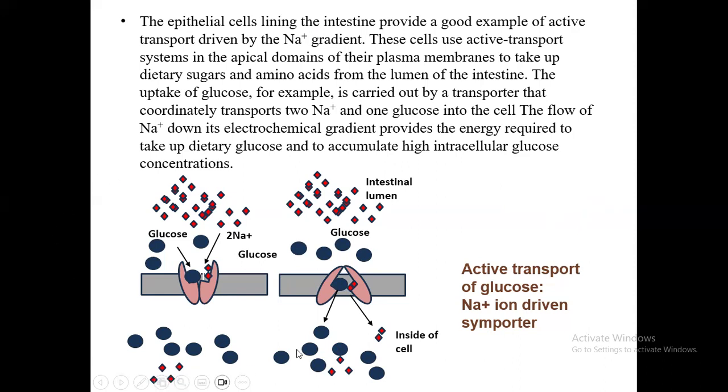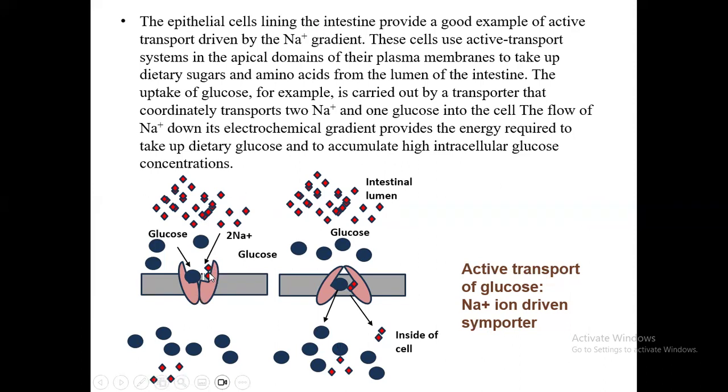As you can see, first sodium ions are transported across the membrane through whatever mechanism. It can be active transport, and as a result there is more accumulation of sodium ions on the outside compared to the inside of the cell, and this will facilitate the transport of the second molecule.